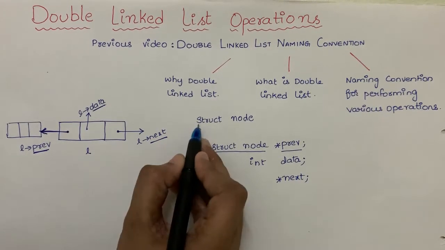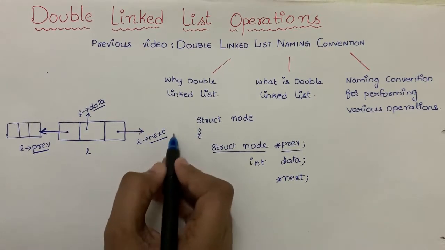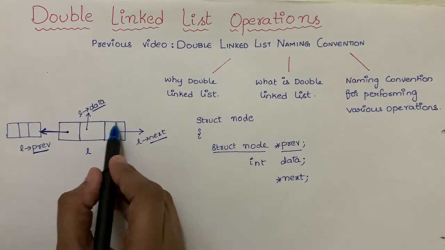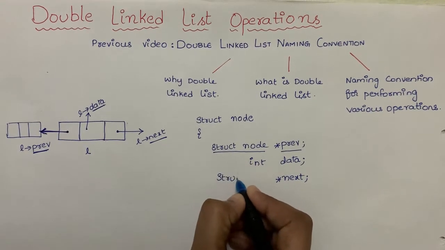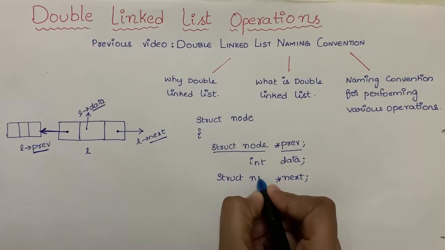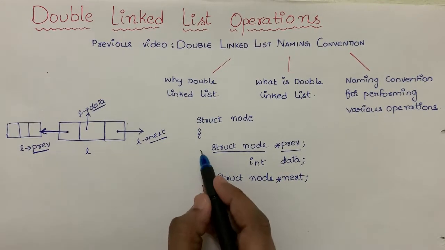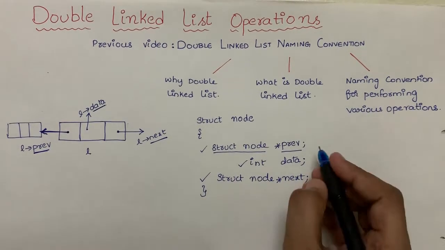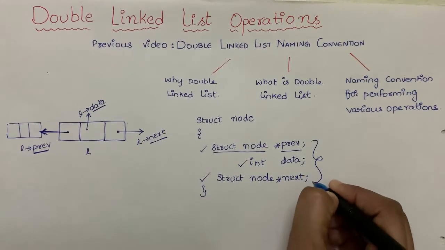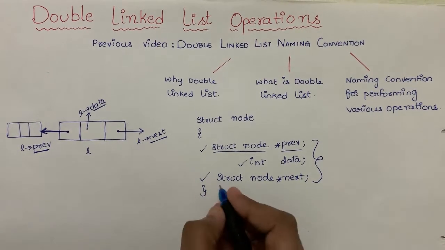In turn it stores the address of another node. So the structure for this third field will be a node. So struct node star next. These are the three fields to create a node L.